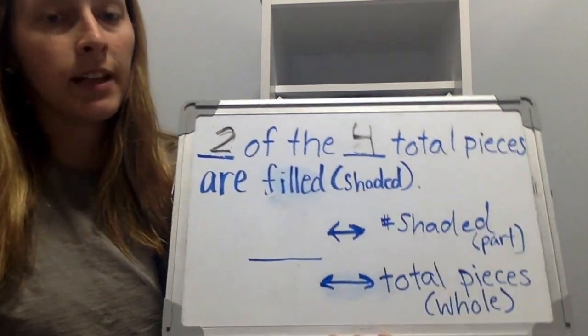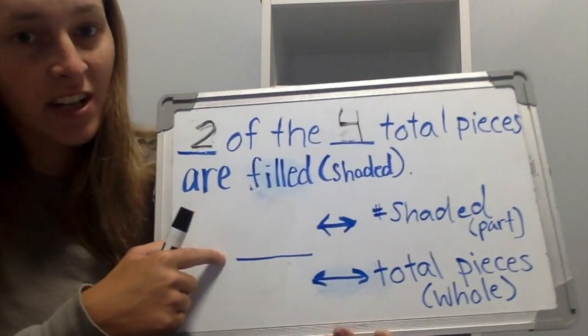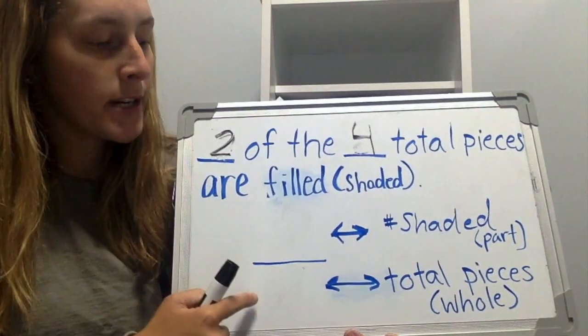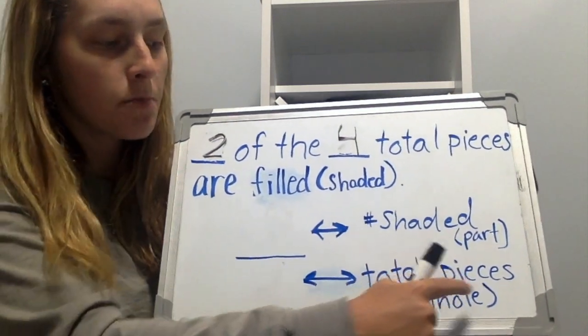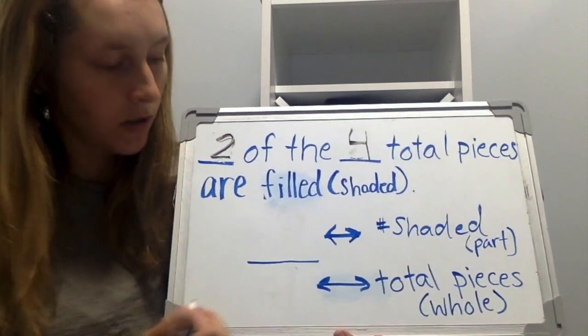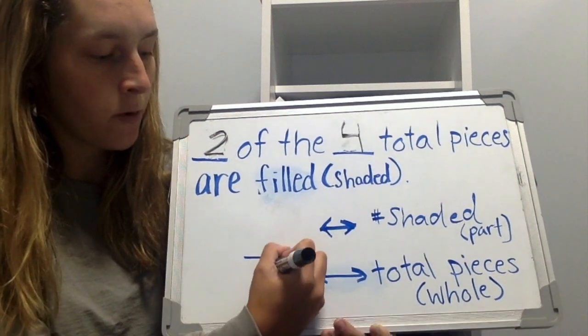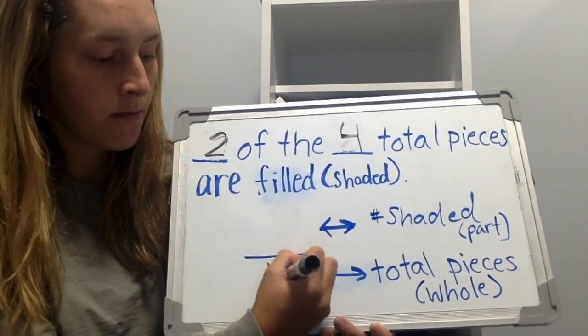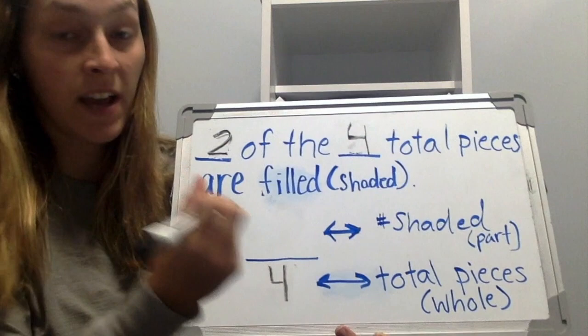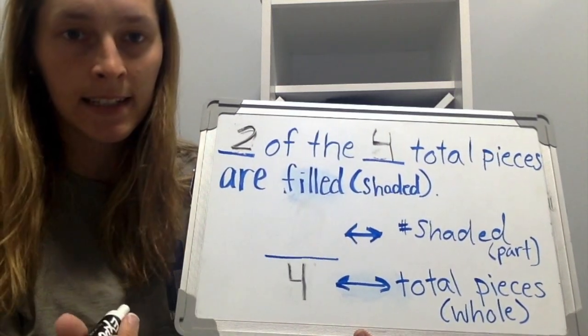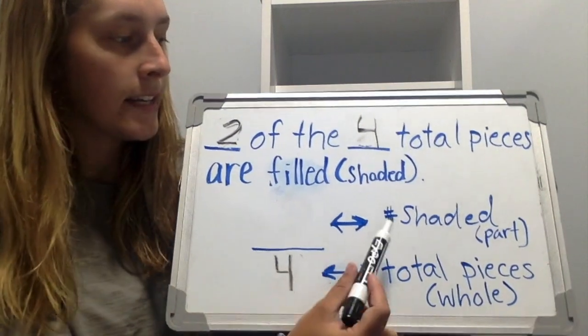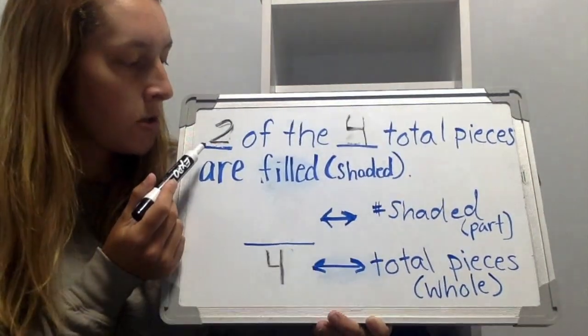Let's figure out our fraction. Remember, we have a numerator and a denominator. So our total pieces, or our whole, was 4. My shelf, or that square, was divided into 4 equal pieces. Now the number shaded.